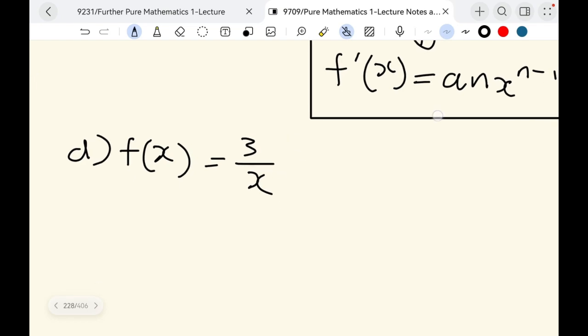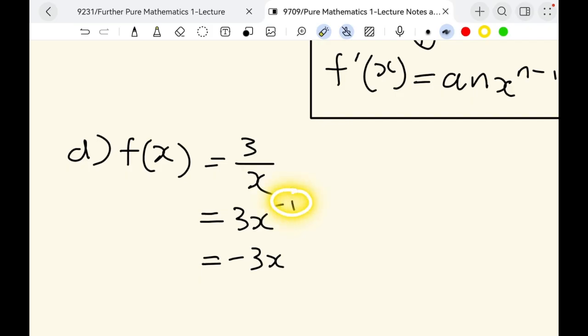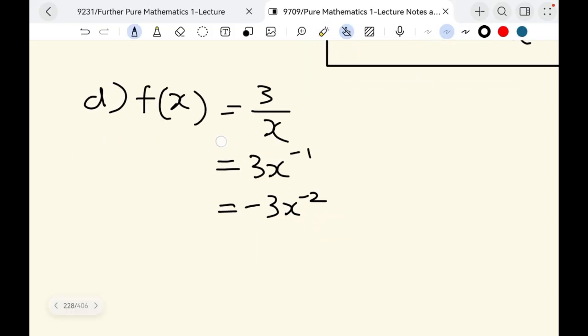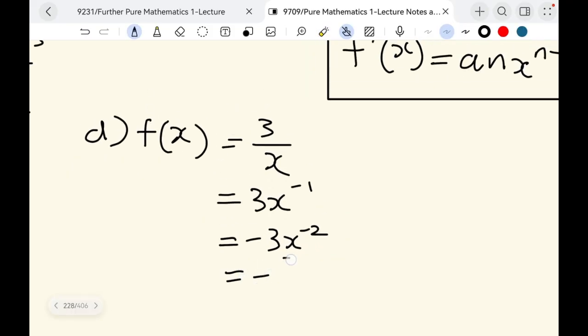So you can convert 1 over x into 3x to the power of negative 1 by using the indices laws. So the derivative is 3 times negative 1, negative 3, and then minus 1 is minus 2. Okay? So don't make any mistakes. Or you can leave it as negative 3 over x squared.